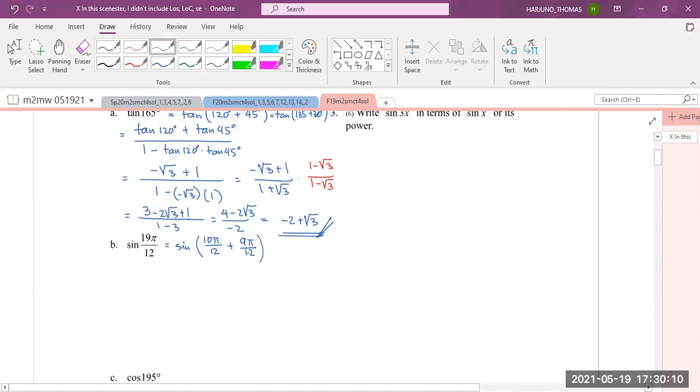That's one way. It doesn't have to be addition though.